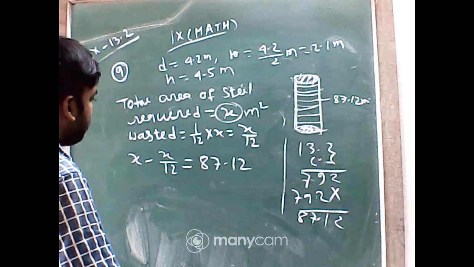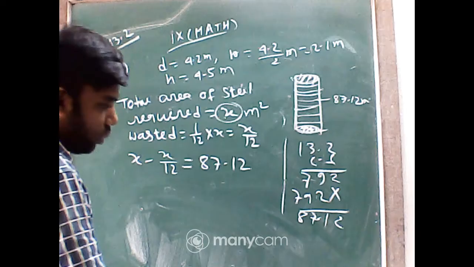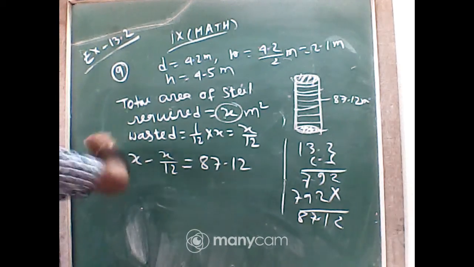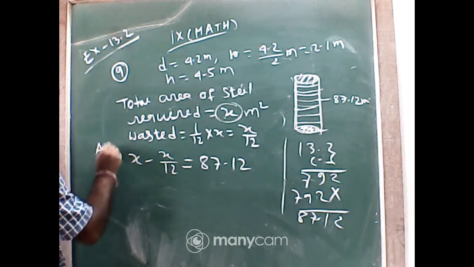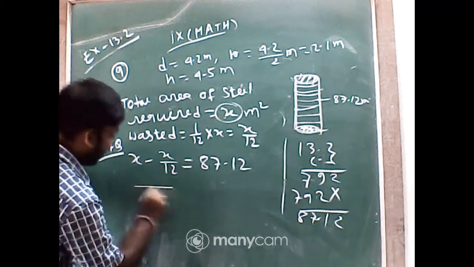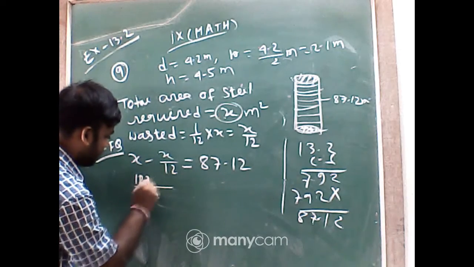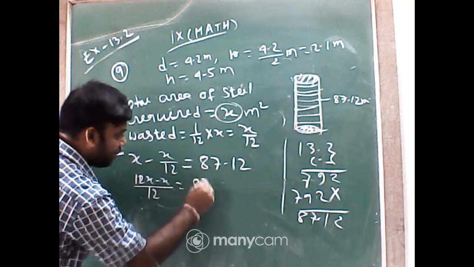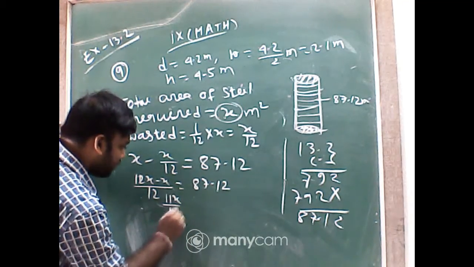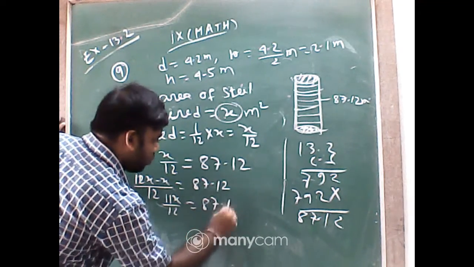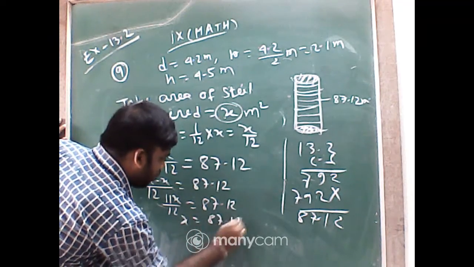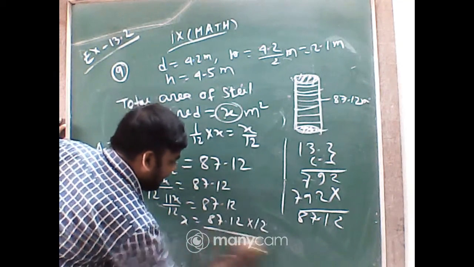x minus x by 12 equal to 87.12. Okay. Now that is according to the question. So 12 LCM, 12x minus x by 12 equal to 87.12. 11x by 12, that is 87.12, and x will be 87.12 into 12 by 11.